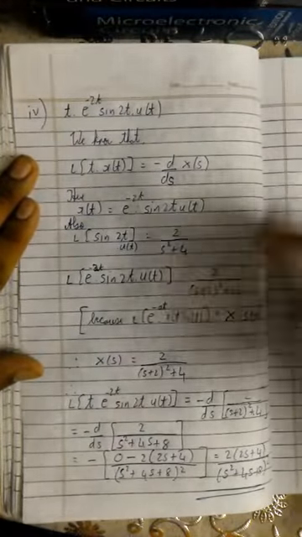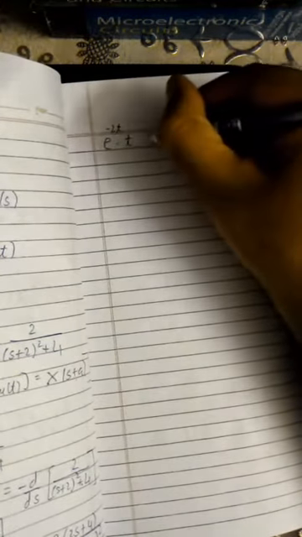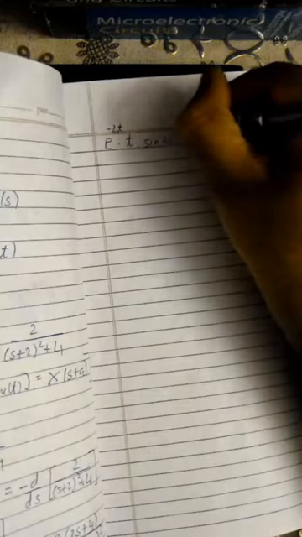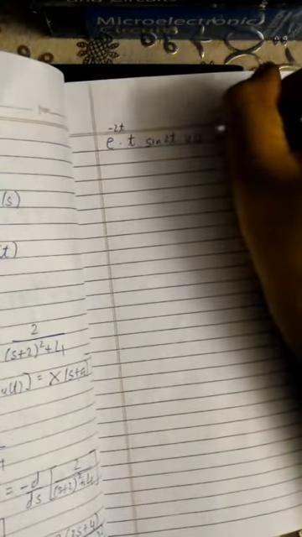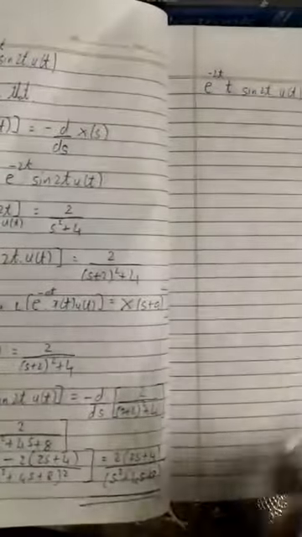Change the question into the form e raised to minus 2t into t into sine 2t into u of t. First find the differentiation, then apply the frequency shifting property. Whatever order of steps you use, you will get the correct answer.